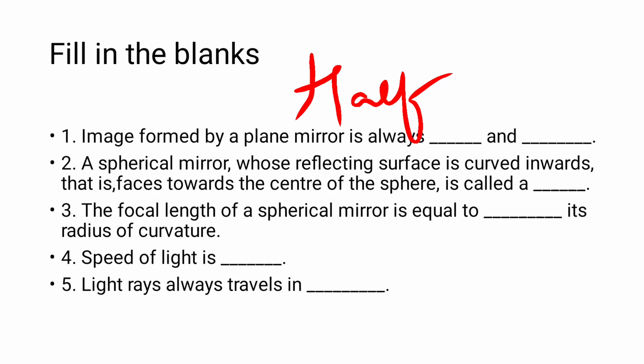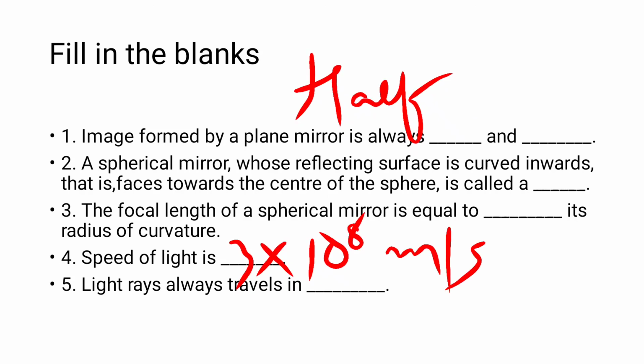Okay, then speed of light is 3 into 10 to the power 8 meter per second. Writing the unit is very important. Okay, then light rays always travel in a straight line.